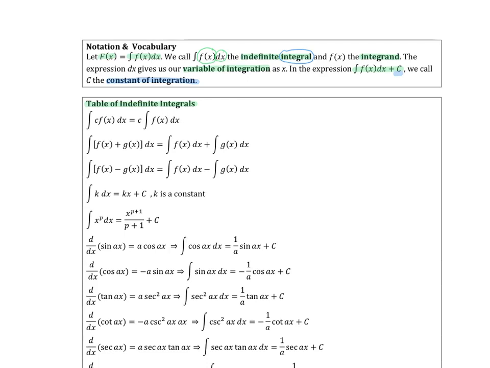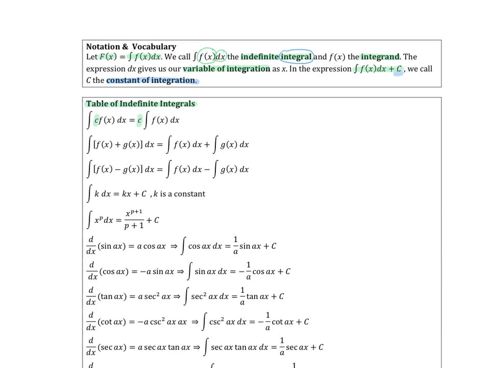Okay, so let's say that in our integrand, we have our function times some constant. We'll just go with c for a constant. Well, if you have a constant times your function, you're always allowed to bring it out, which is the exact same property that we have for derivatives as well, right? We ignore the constants, we can bring them out.